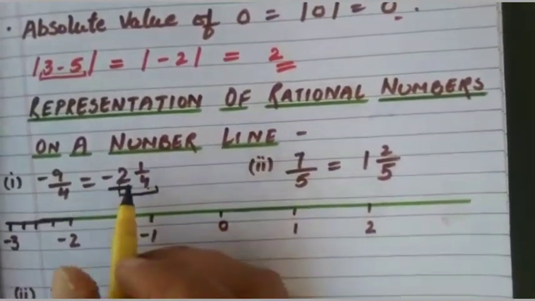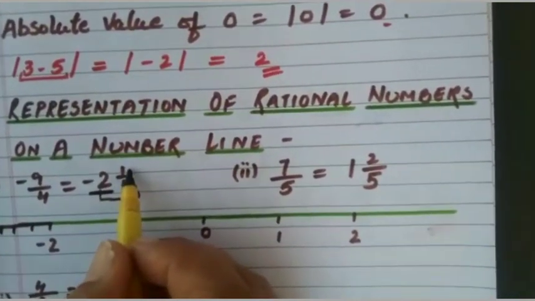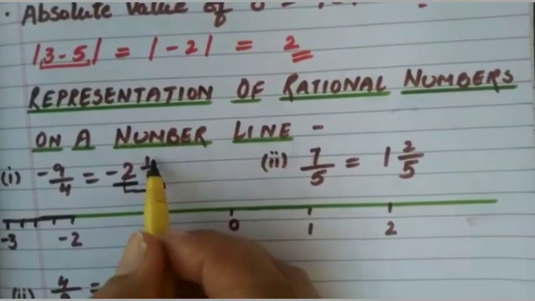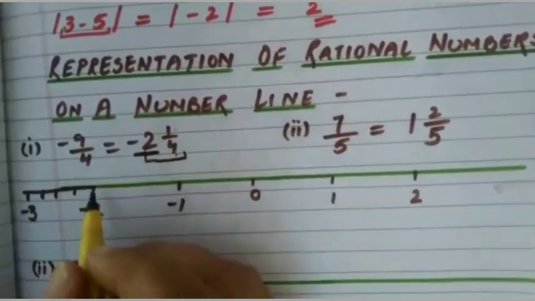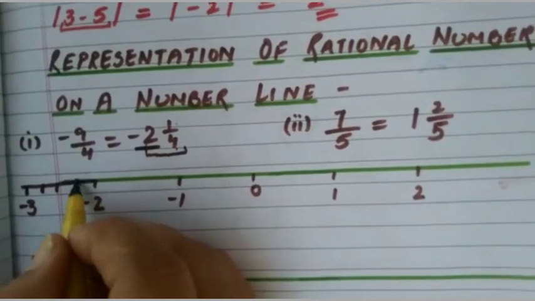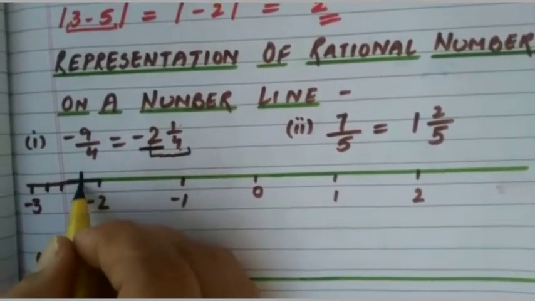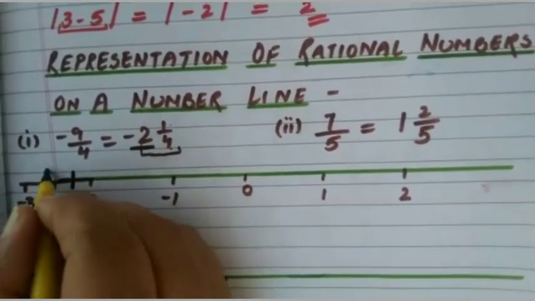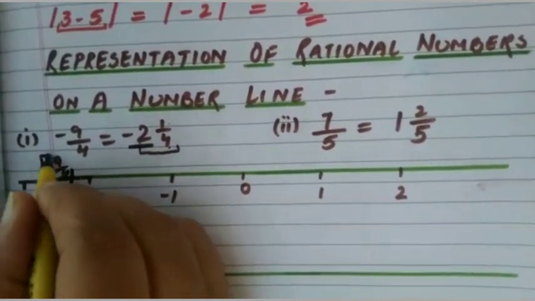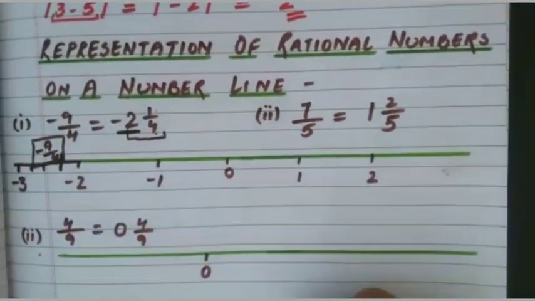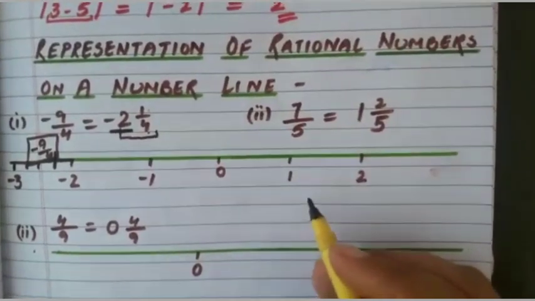Fine. The last step is to see the numerator. Here the numerator is 1. So that means our rational number will be represented on this first part. You will write minus 9 upon 4 here. Clear? I hope it is clear to you.